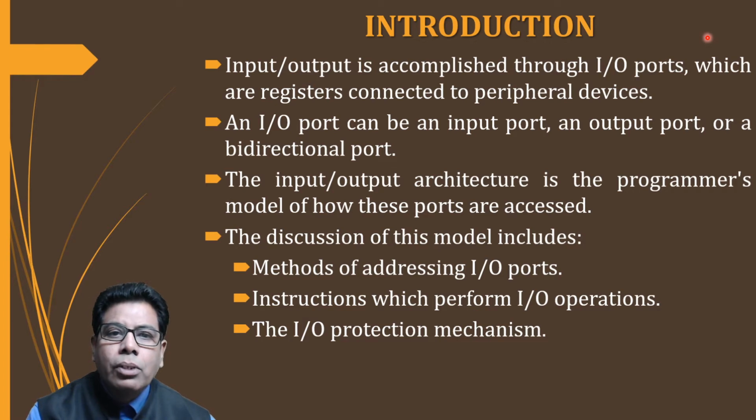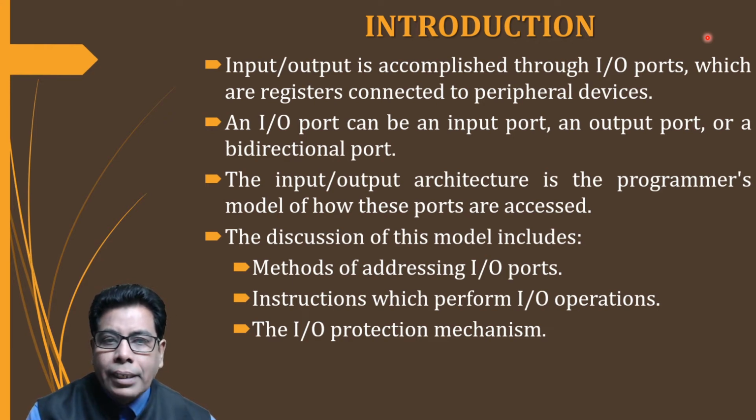When you want to communicate with the peripheral device, you have to make use of the IO ports. Now an IO port can be an input port, output port, or a bidirectional port. So we'll have to configure the port and then use it for input or output.